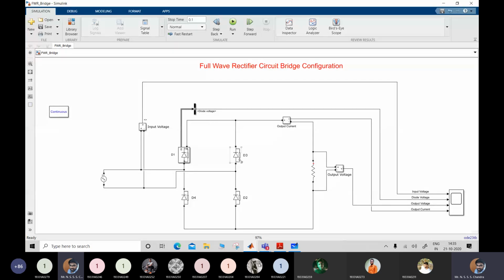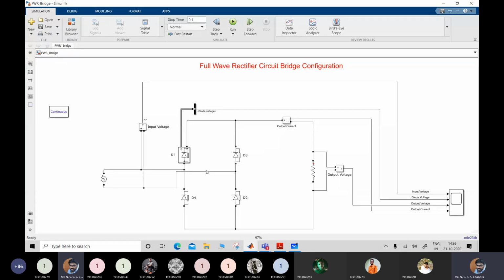They are connected in such a way that the cathode of diode D1 is connected to the cathode of diode D3, and similarly the anode of diode D4 is connected to the anode of diode D2, and then cathode of D4 is connected to D1, cathode of D2 connected to D3. So simply, all the anodes are towards the bottom side and the cathodes to the top end.